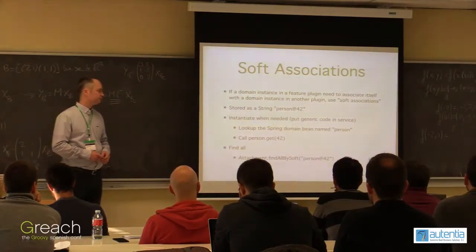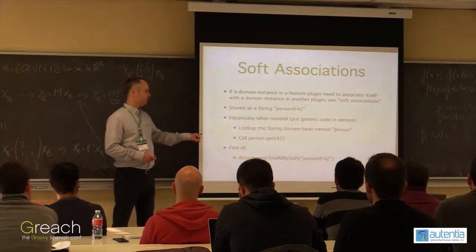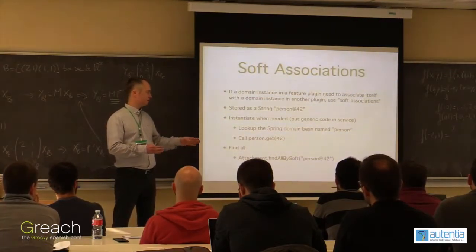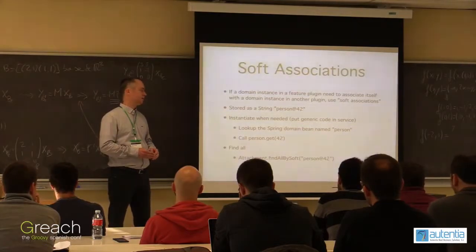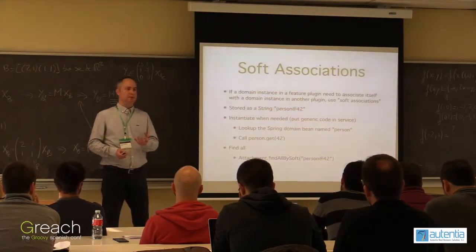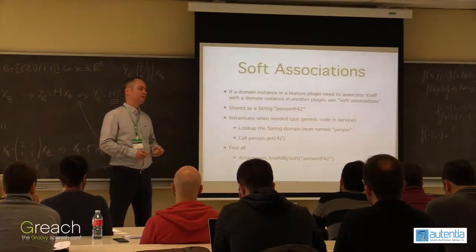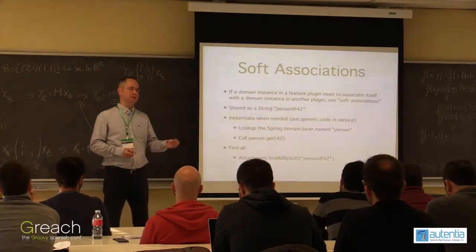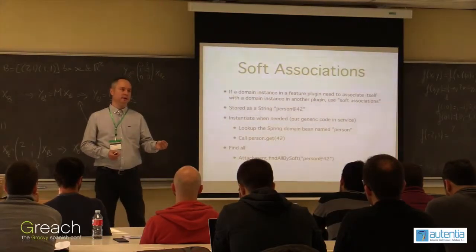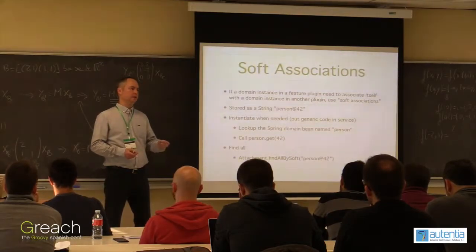So if we want to refer to a specific person, as in this example, this is a document that we want to store connected to a person. We don't want to have an association from the document domain to a person domain, because that would be too limited.